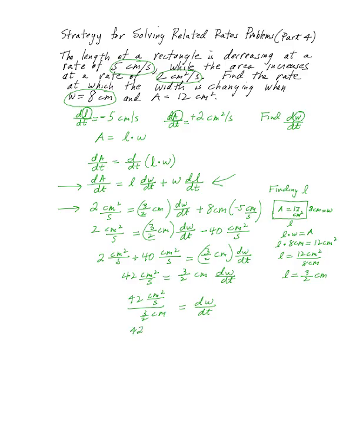Specifically, what positive number is the rate of increase of the width with respect to time? Well, it's 42 square centimeters per second times 2/3.